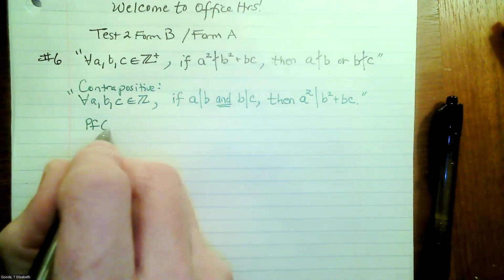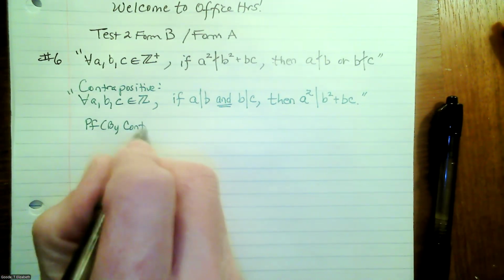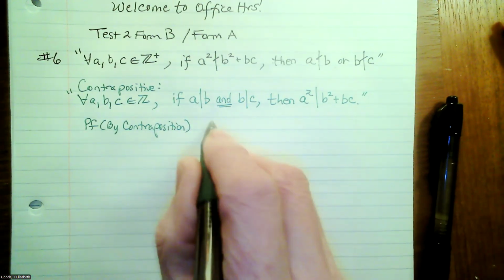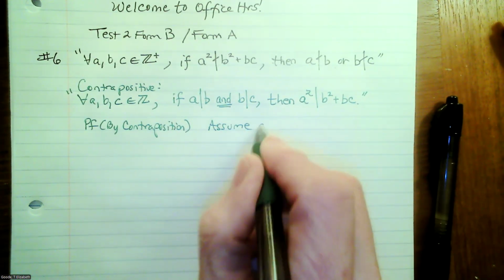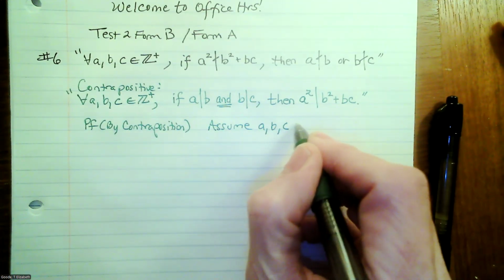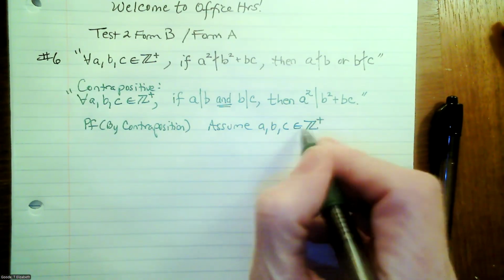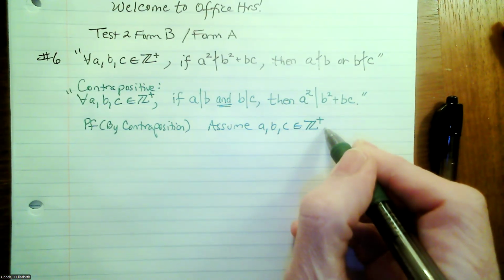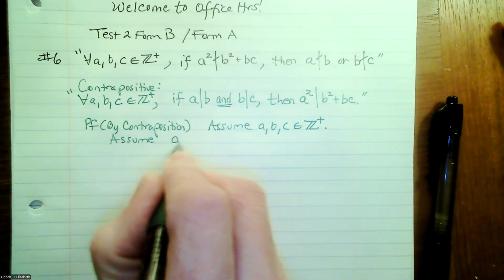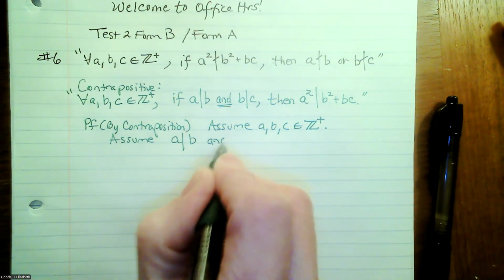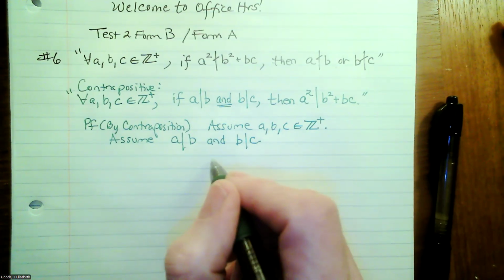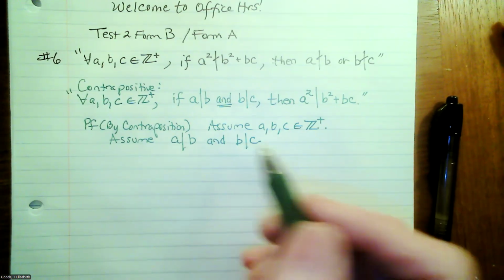So in a proof by contraposition or by contrapositive, you can say it either way. If we assume A, B, and C are in Z plus, again, it doesn't really matter, Z is fine. We're going to assume A divides B and B divides C. Making these assumptions includes the assumptions that A and B aren't zero.